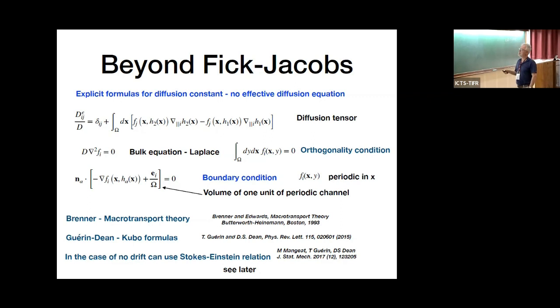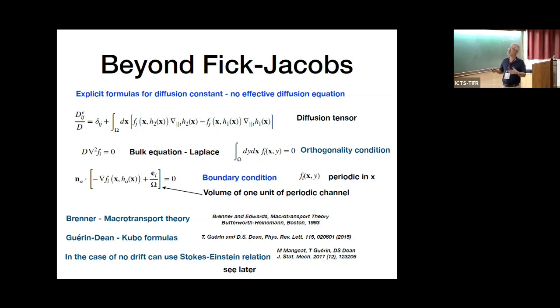So basically, you have this f, which is called an auxiliary function, okay? In general, if you have a system in higher dimensions, you have f_i, f_j for each spatial dimension. This obeys Laplace's equation. There's an orthogonality condition, and there's an effective boundary condition on this f. So basically, if you can solve this equation, you can directly compute the diffusion constant, okay?